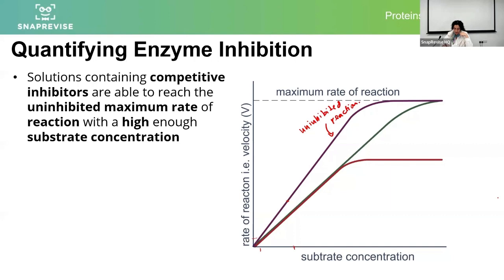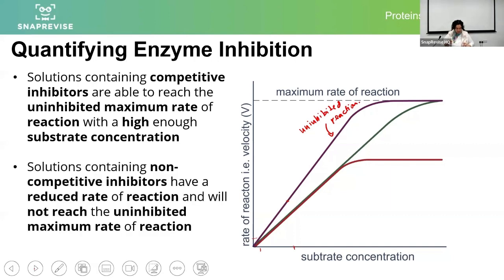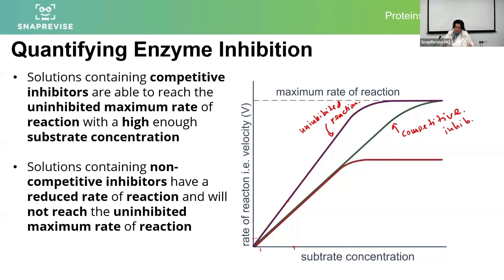In the green color here, we have our competitive inhibitor. And why do we have that shape curve? Because adding more substrate will increase the rate of the reaction, so the reaction can eventually reach the same rate as the uninhibited reaction.